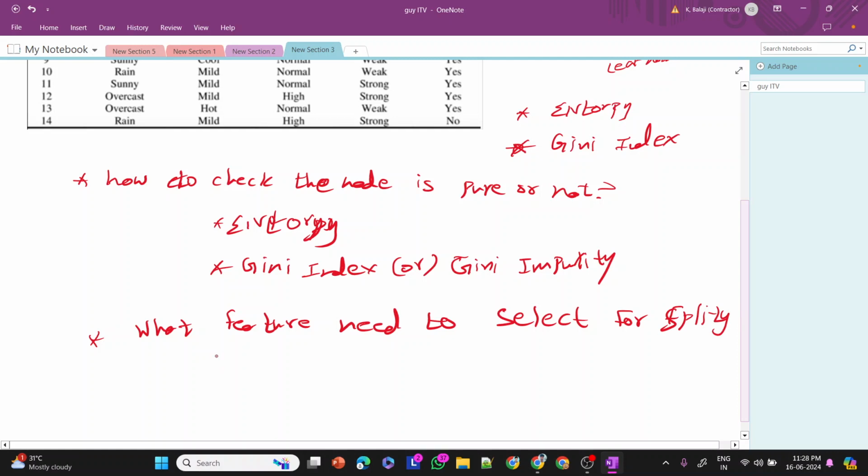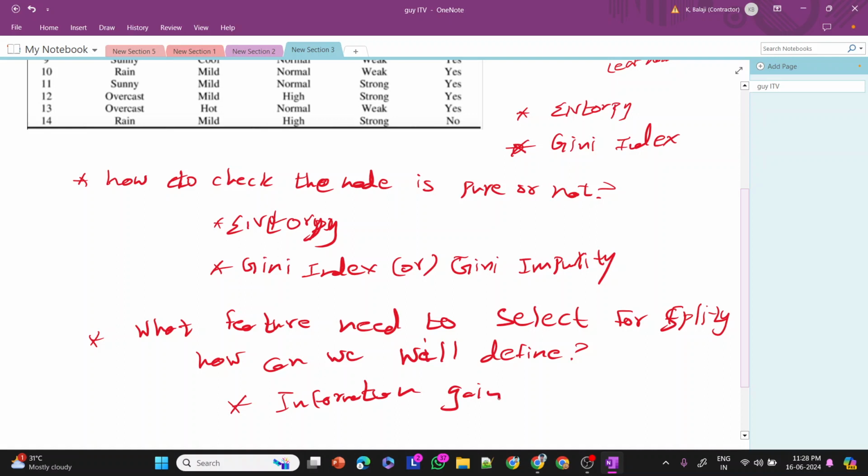How will we define it? For this question, we can use information gain. By using information gain, we can select which is the best feature to start a split.